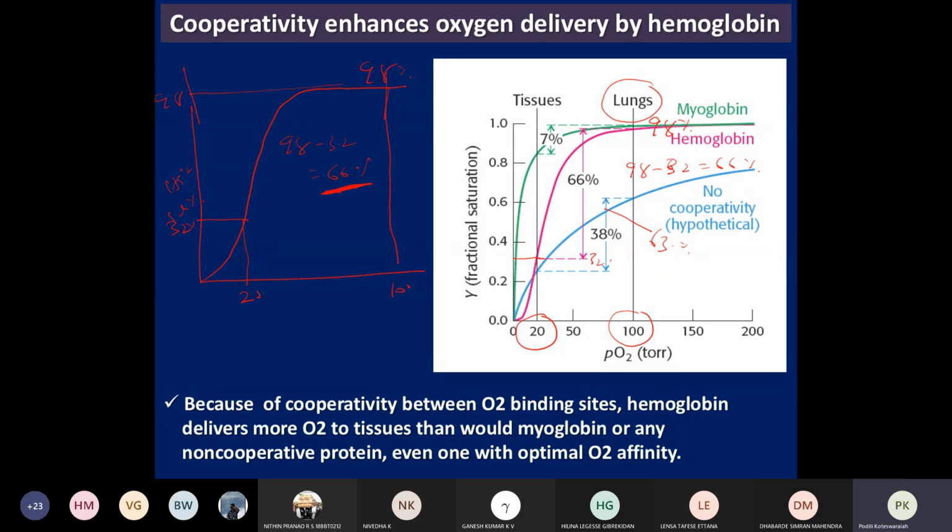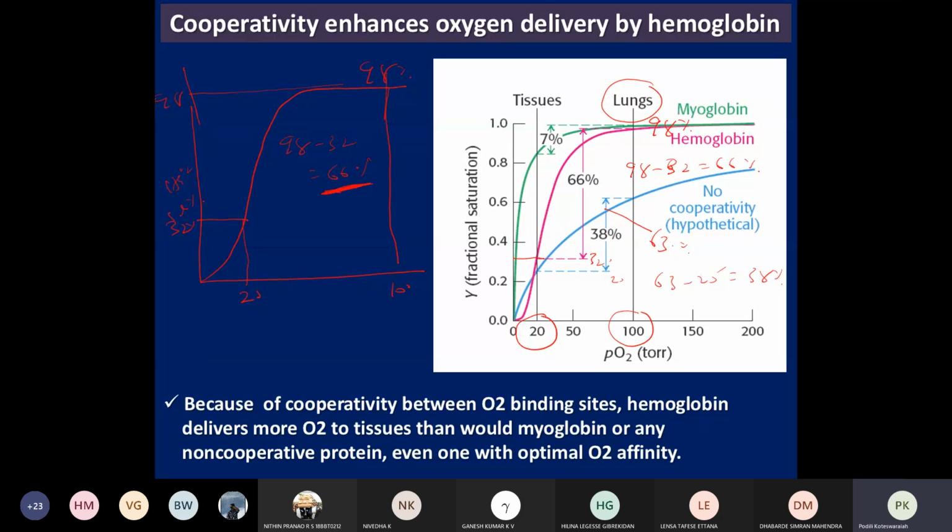In case of the non-cooperative protein, at a partial pressure of 20 torr in the tissues, its saturation drops to 25%. Therefore, 63 minus 25 is equal to 38%.